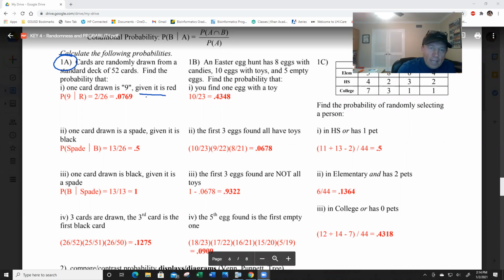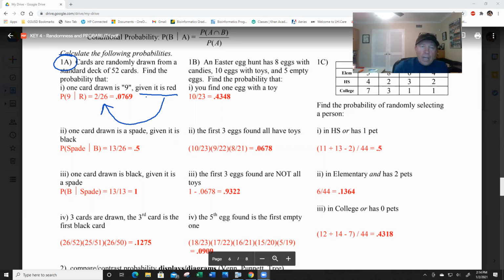So the given is the denominator. As you can see, it's 26 instead of 52. Because it's not just that one card's a 9, it's one card's a 9 given that it's red. So you have to ask yourself, what are the chances it's red? That's 26 cards, that's the bottom. Now, one card is a 9 given it's red.